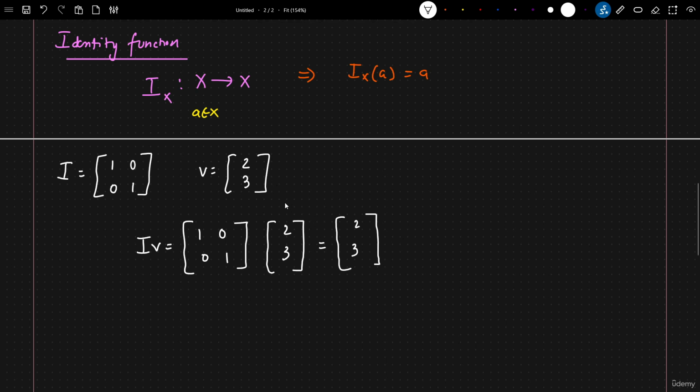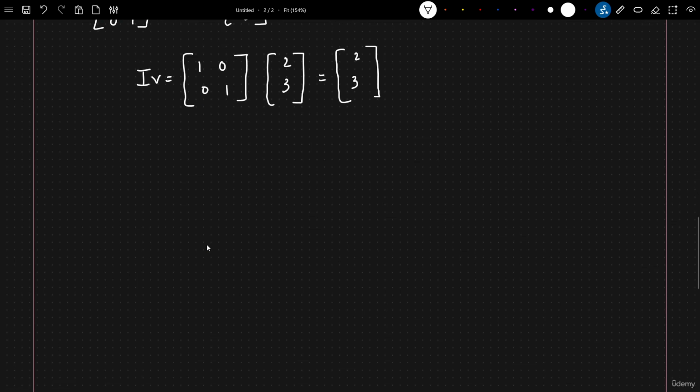Any dot product that we do specifically with respect to that identity matrix or identity function, you should be able to get the same value. Okay, so you can also go ahead and write like this: for a set X, the identity function I of X is defined as, and this is also one type of function transformation only, right?